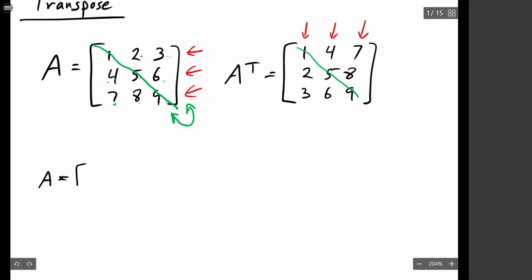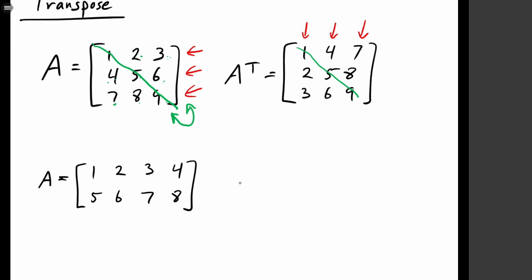But let's do it for a matrix that's not a square. So 1, 2, 3, 4, 5, 6, 7, 8. So here's a 2 by 4 matrix. Then the transpose, remember, we're switching rows for columns and columns for rows. Or, again, you can imagine kind of flipping along this diagonal here.